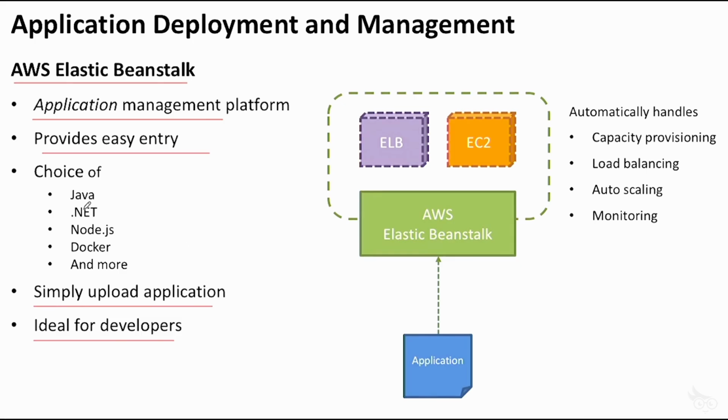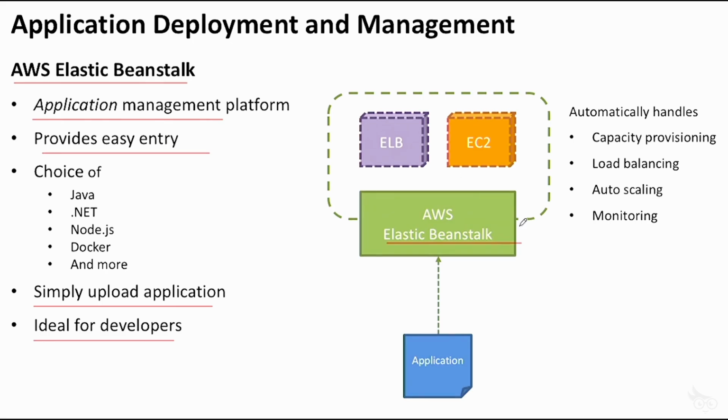They can choose from a number of different platforms like Java, .NET, Node.js, Docker, among others. And by uploading their application to the Elastic Beanstalk service, the Beanstalk service will handle the creation of resources and the ongoing management of those resources automatically.